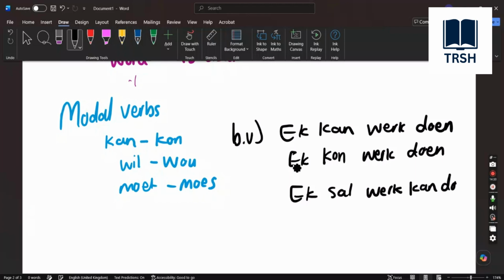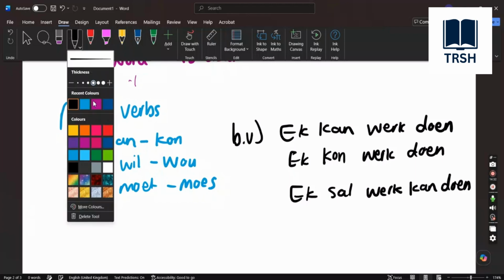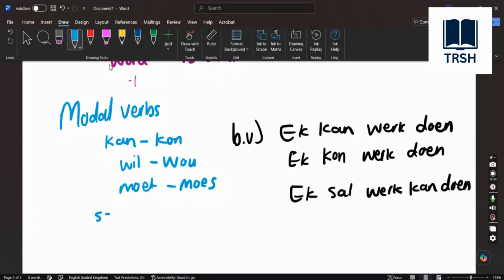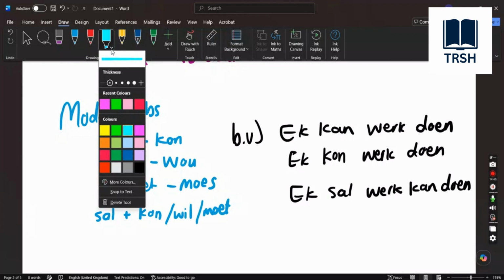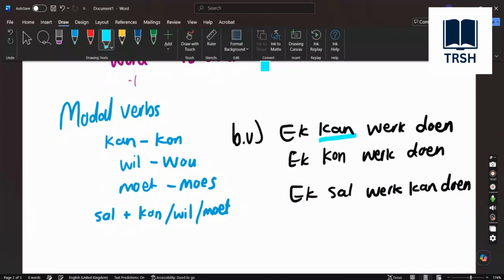So which brings me to the next point, which is your sal plus kan, or wil, or moet. Then it will change and it will be that. So if I highlight quickly, your kan changed to kon. And then from there, you have a sal and kan together for your future tense.